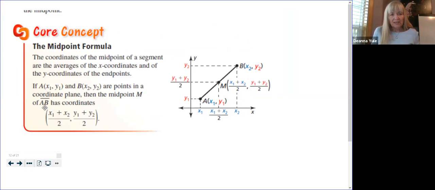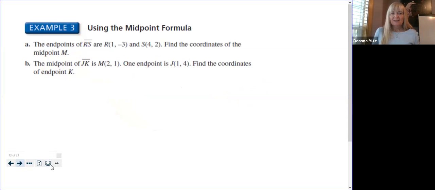So this notation right here, AB with a line over it, means I have a line segment called AB, and I want to find the midpoint of that line. So add up the x's, divide by 2, add up the y's, divide by 2. Sounds pretty easy. So let's look at it.